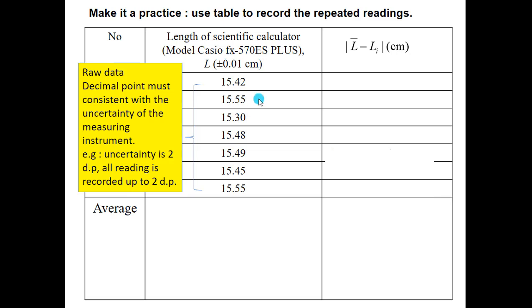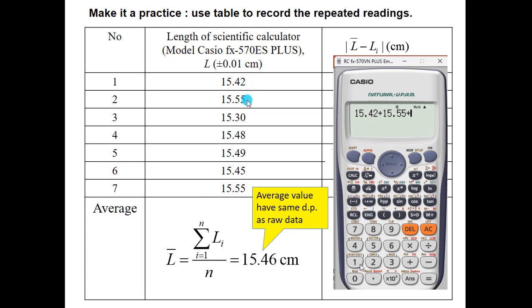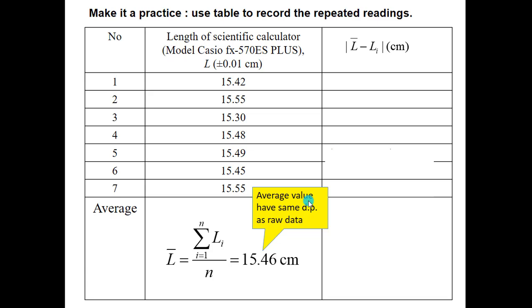For example, the uncertainty is 2 decimal places, so all the readings are recorded up to 2 decimal places. The average value: I total up all these repeated readings, divide by 7, so I get 15.46 centimeter. Since it is the average value, it should have the same decimal places as the raw data. The raw data means the data that we measured.